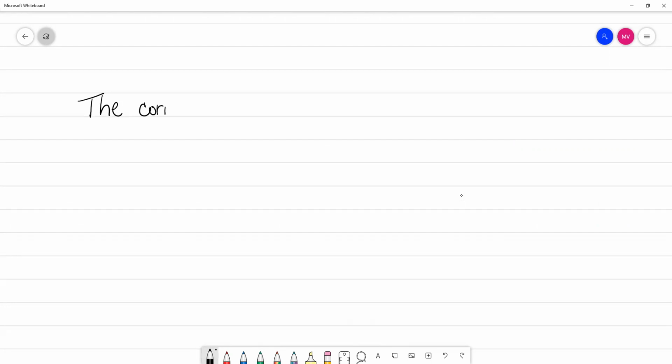The corresponding angle postulate, you're going to want to write this down, uses parallel lines. I am still recording, right? Yeah, okay.